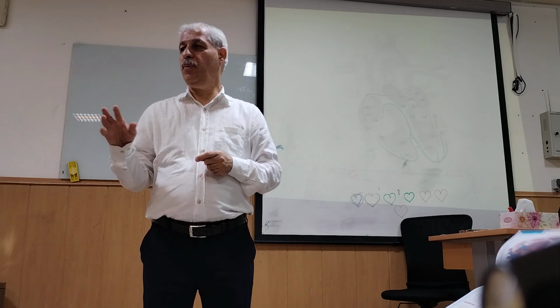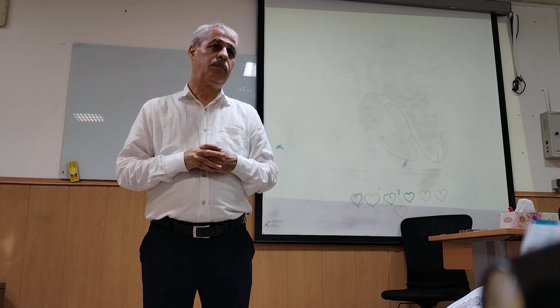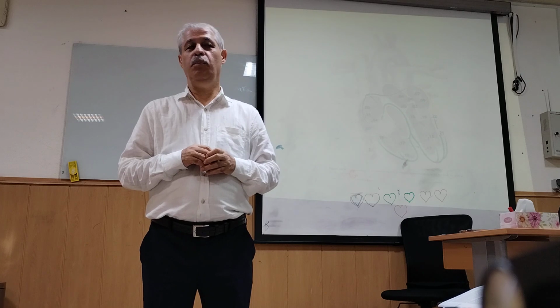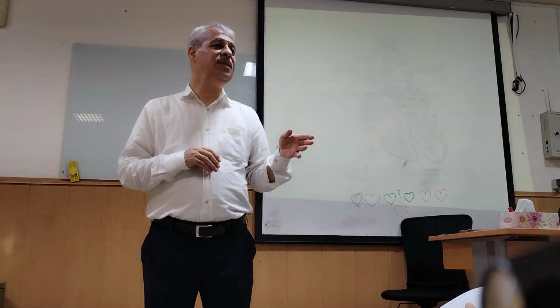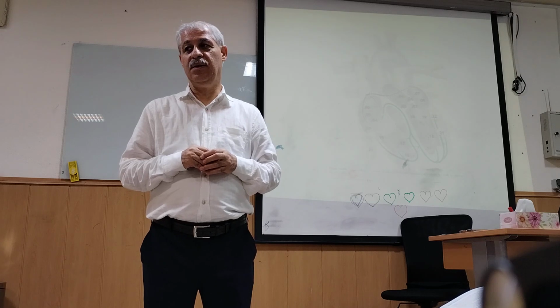For example, suppose that the SA node stops sending impulses. Then somewhere else in the AV or in the ventricle, they start sending signals.